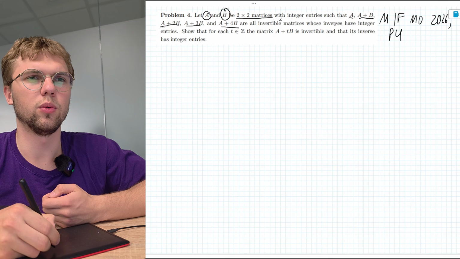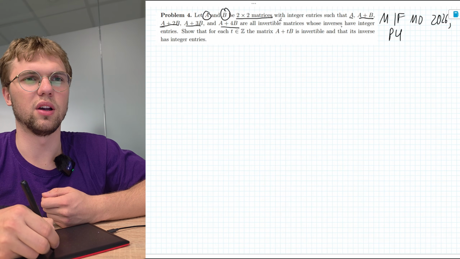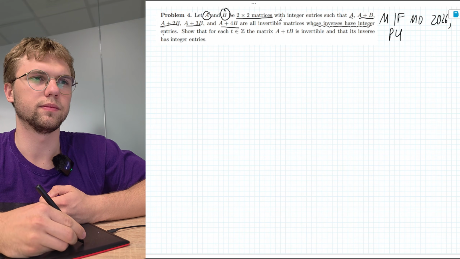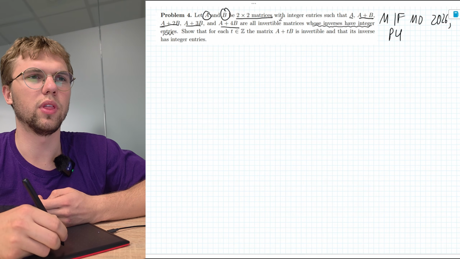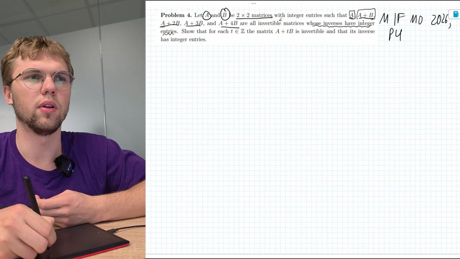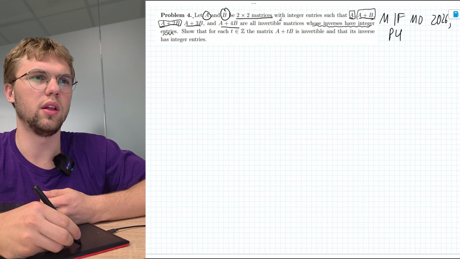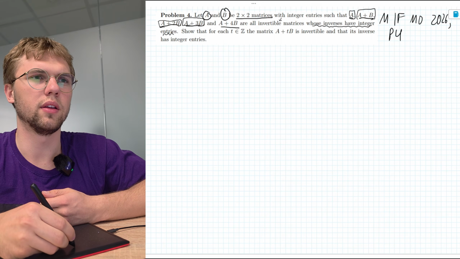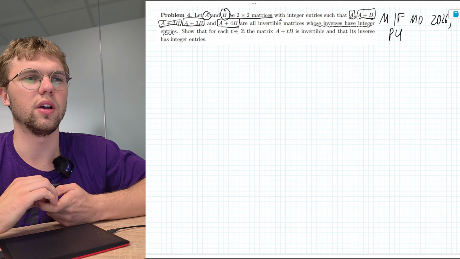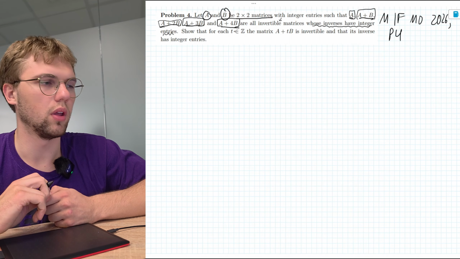This is important, whose inverses have integer entries. And this also sounds important. And we need to show that if we have these 5 conditions, then it implies that for all t, the matrices A plus tB are invertible, with integer entries, of course.